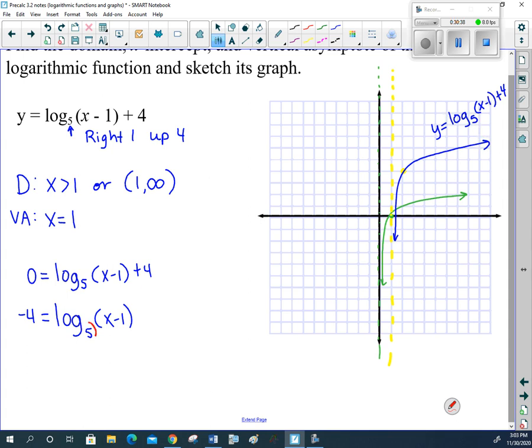So start with your base, 5, raised to the power, and it equals the argument. So my x-intercept is going to equal, I'm going to add 1 to the other side, so x equals 5 to the negative 4 plus 1. All right, let's see what that number is. 5 raised to the negative 4 power plus 1.